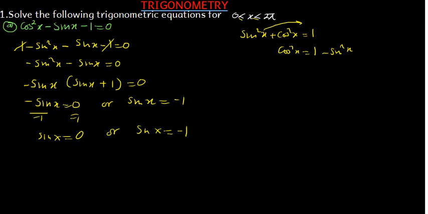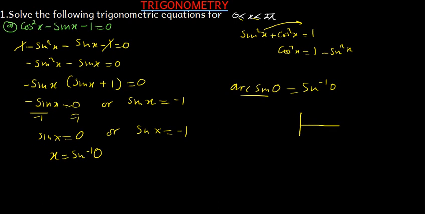Now for us to remain with x, we are going to take the sine inverse of 0. Taking the sine inverse, we can also say arc sine 0. This is the same as saying sine inverse of 0, so there is no difference. Now, of course, there's necessarily no need of using a calculator.